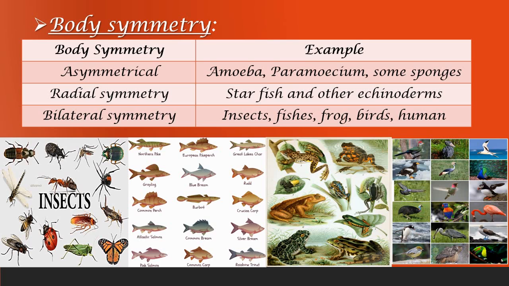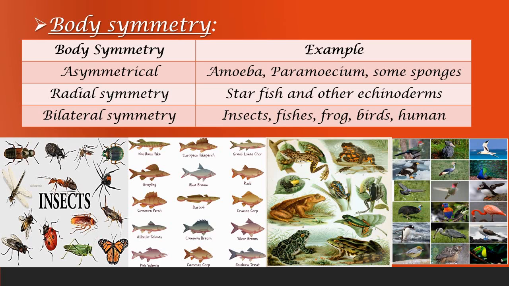Like in cnidarians, cells come together to form tissues which perform body functions, and this type of body organization is called cell tissue grade organization. However, cnidarians are radially symmetrical, that is, when their body is cut through an imaginary central axis of any plane of body, it gives two equal halves.